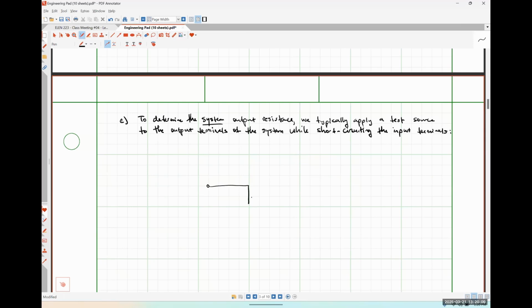So let me just start redrawing my circuit yet again. Here's my 1 megaohm of op amp input resistance, my differential voltage VD.